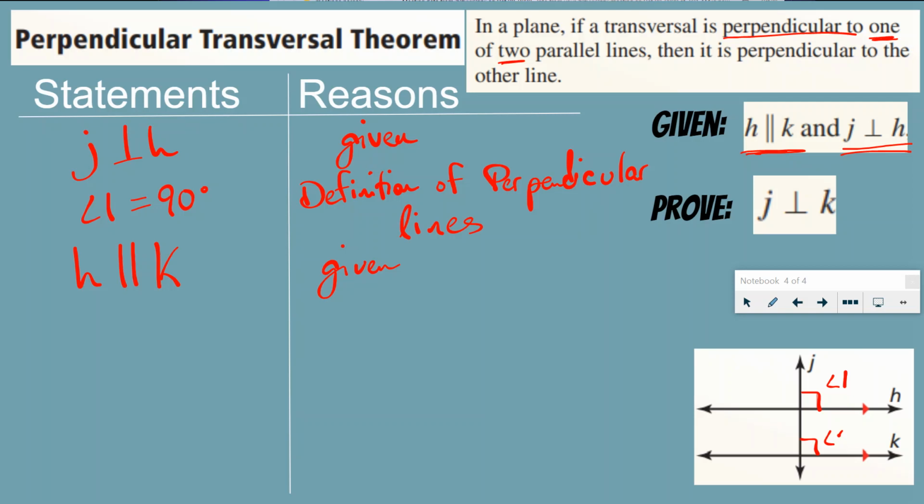I'm going to call this one angle 2. And I'm going to say that angle 1 is congruent to angle 2 by our corresponding angles postulate.